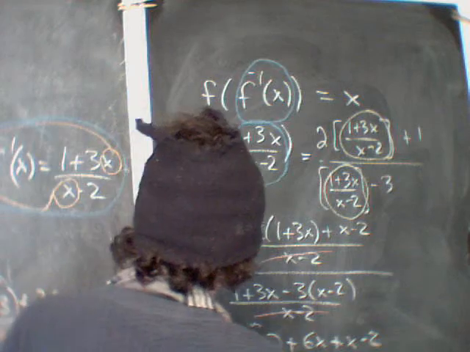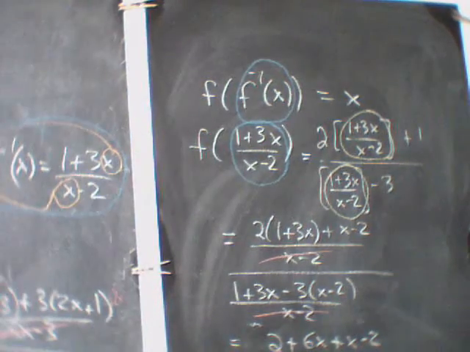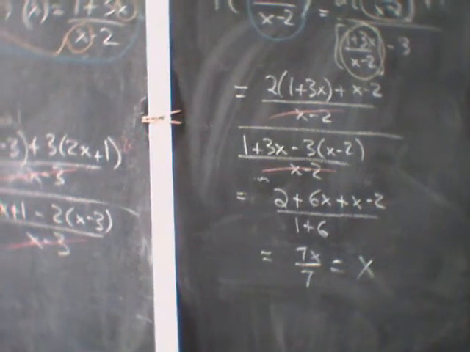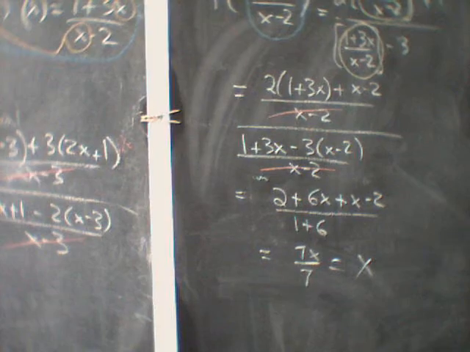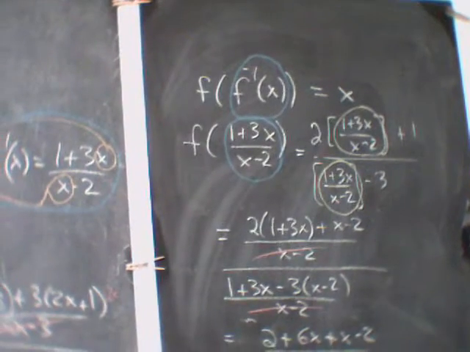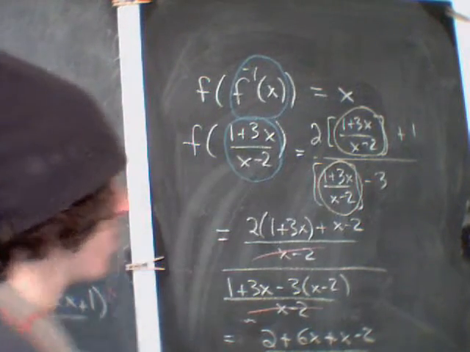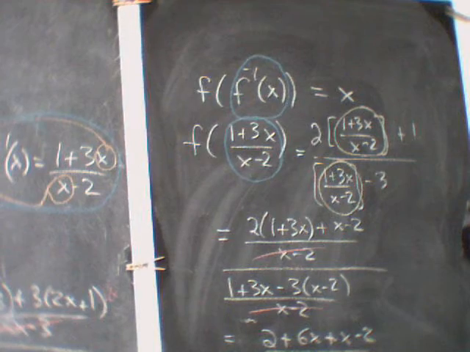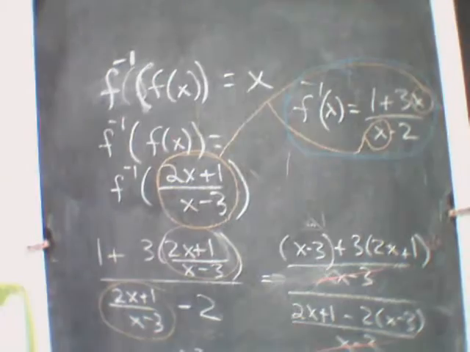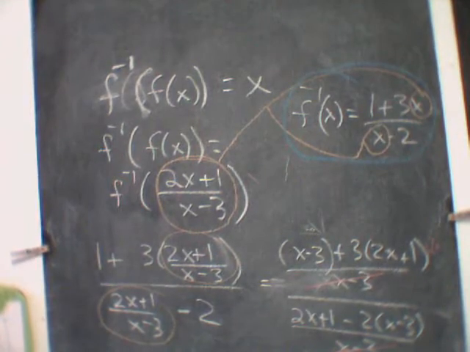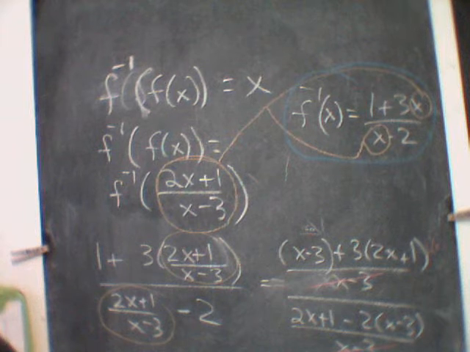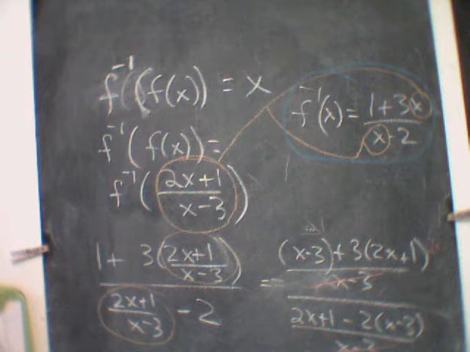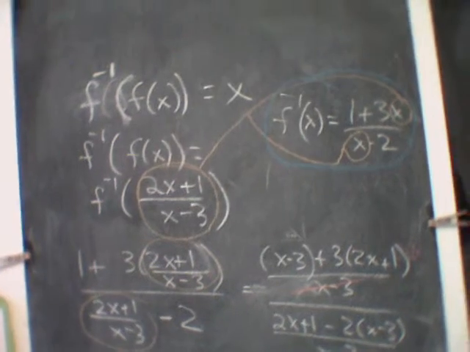Well, that is x. So that is correct. It does work out to be x for f of f inverse of x, but for some reason when we did it for f inverse of f of x, it didn't come out to be x, and I'm thinking it had to have been an algebra error somewhere in this process.